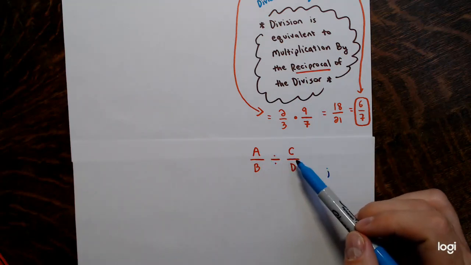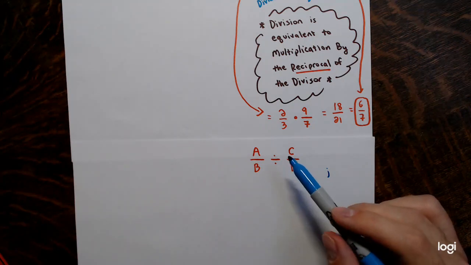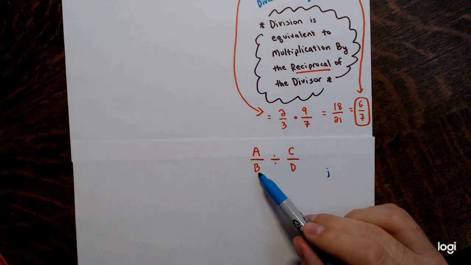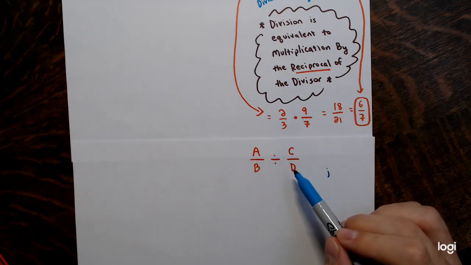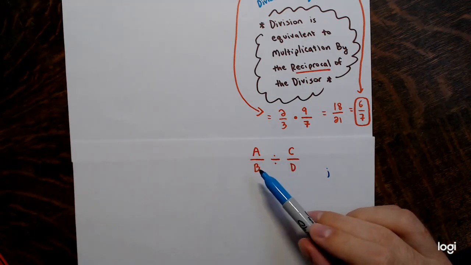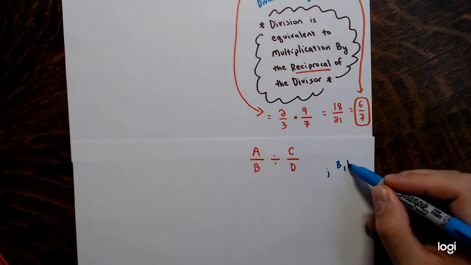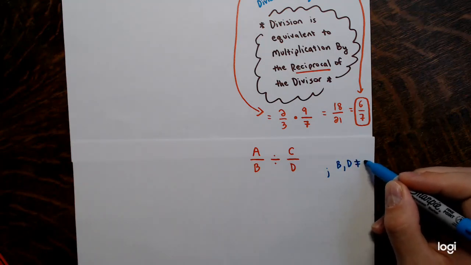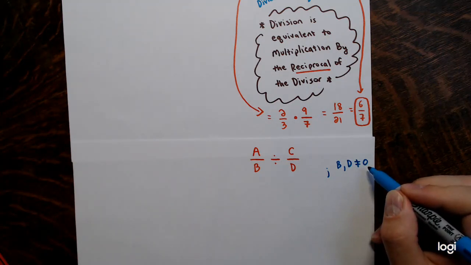So before I even do the multiply by reciprocal of the divisor, I notice this denominator is b, and this fraction has a denominator of d. So b and d cannot be 0.